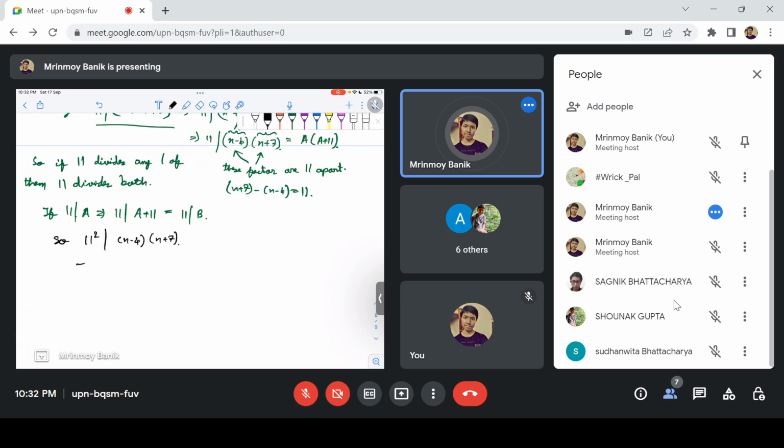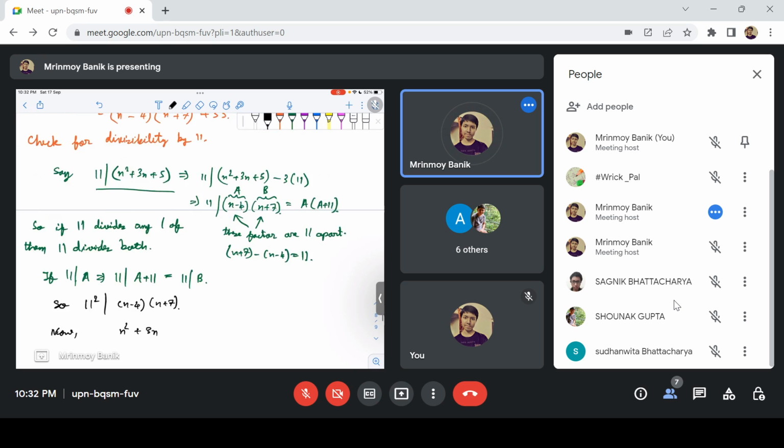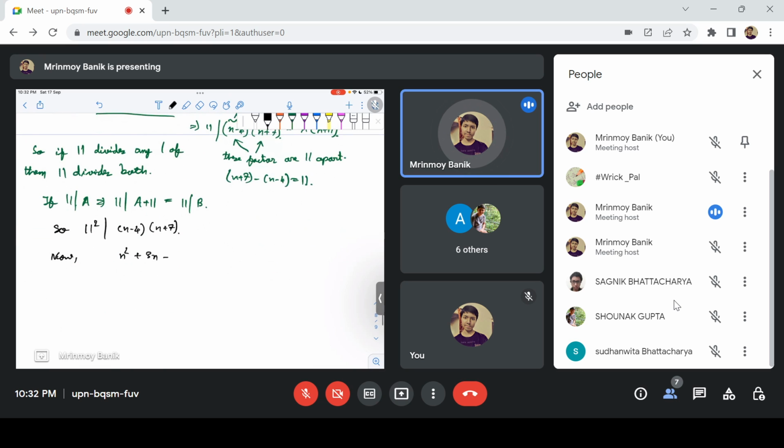So now just move back and look at the original problem. n squared plus 3n plus 5, which is equal to n minus 4 times n plus 7 plus 33.